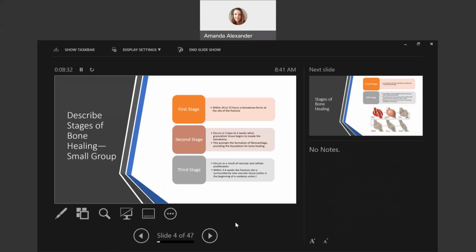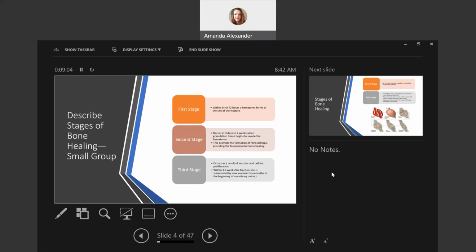All right, describe stages of bone healing in small groups. So these are going to be important to understand when we're talking about the care of the patient, because this will lead to whether we need to put them in traction or not. The first stage happens within the first 24 to 72 hours. The hematoma forms at the site of the bone.